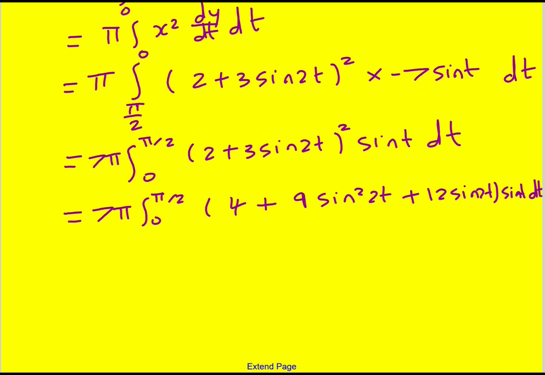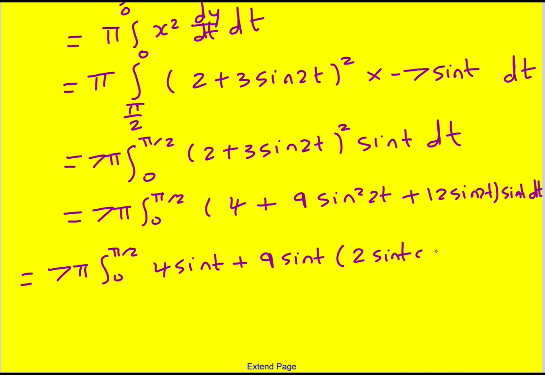All right, next up. Okay, let's multiply through by sine t. And at the same time, I'm going to deal with the sine 2t. Don't forget, sine 2t is 2 sine t cos t. So I will get 2 sine t cos t here, which I am squaring.